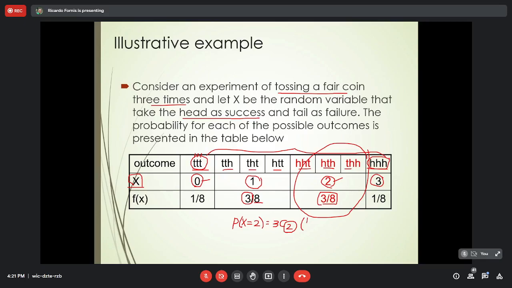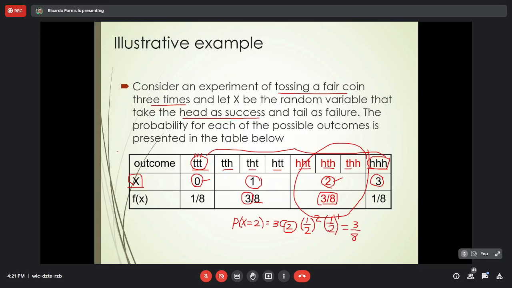Multiply it by the probability of success. Means to say the probability of obtaining a head is 1/2 raised to the power 2. Then the probability of failure, that's the probability of obtaining a tail, is also 1/2 raised to the power 1. And this will give you 3/8.